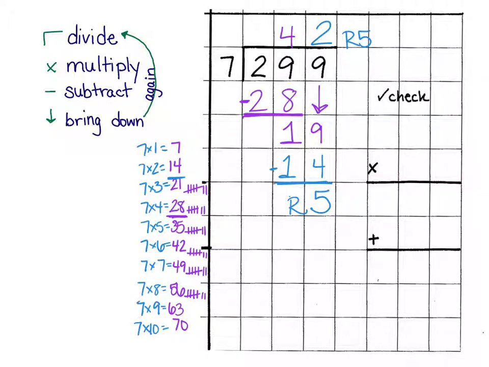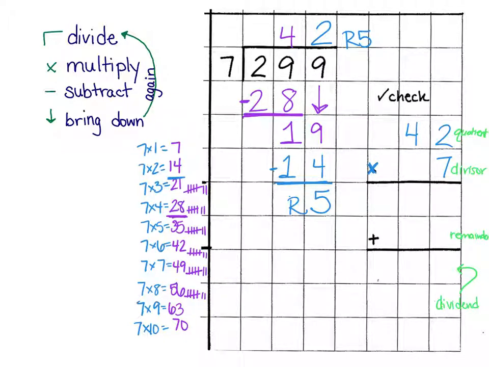All right, now it's time to check our answers. So we always start with our quotient, our answer to our division problem, which is 42. And we are going to write it first and check our answer. Now we multiply times our divisor, the number that we divided by, 7.